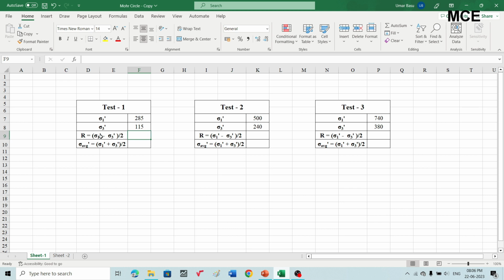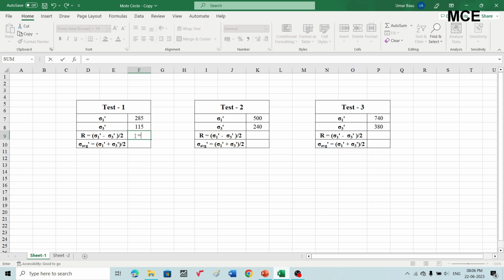Now we have to find the radius and the average stress for each of the tests. The radius for each test is given as sigma 1 prime minus sigma 3 prime divided by 2, and average stress is given as sigma 1 prime plus sigma 3 prime divided by 2. To find the radius of the first test, you will select this box and then click the equal sign.